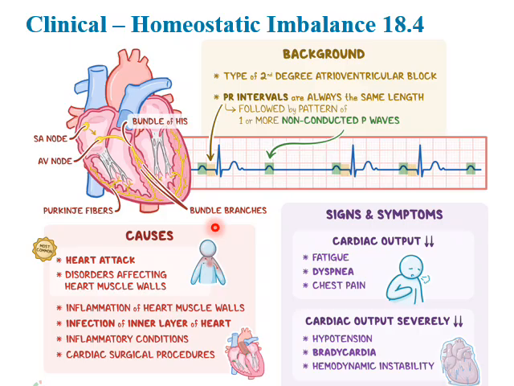Well, before we get into the causes of the heart attack, the signs and symptoms of a person that would probably have some heart problems would be fatigue, dyspnea, chest pain, hypotension, bradycardia, which means the heart rate is very slow, and hemodynamic instability. These symptoms are something that a regular person would just not mind, but it can cause a heart attack. Now, heart attack are disorders affecting the heart muscle walls.